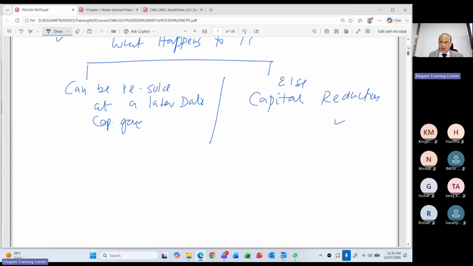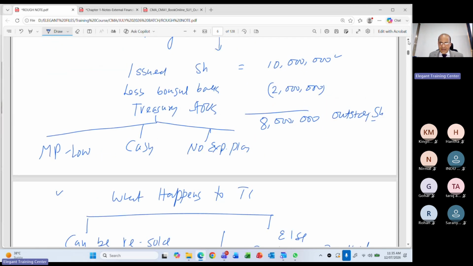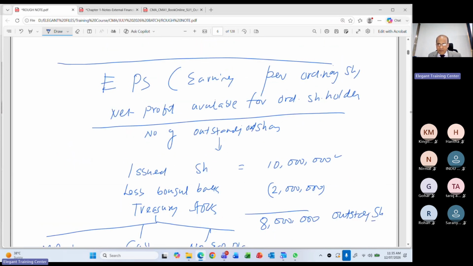So EPS you got. Let's say now the number of shares is 8 million and the profit is 20 million. So 2.5 is called EPS, right?